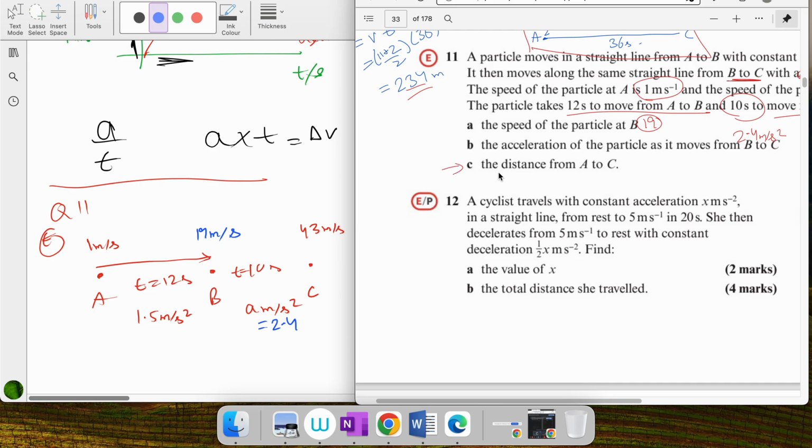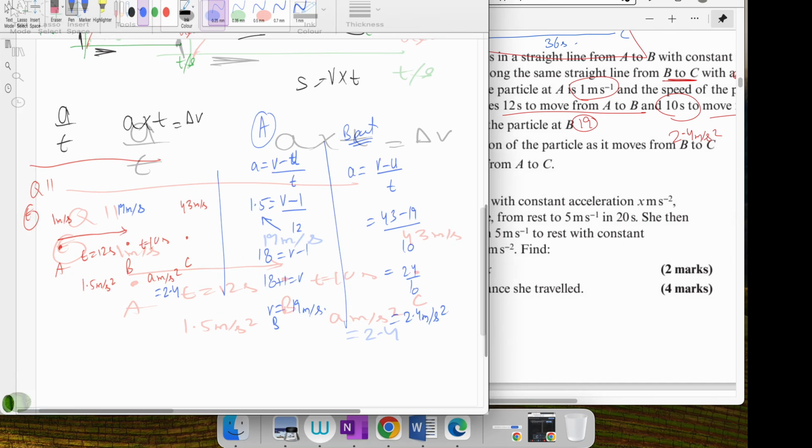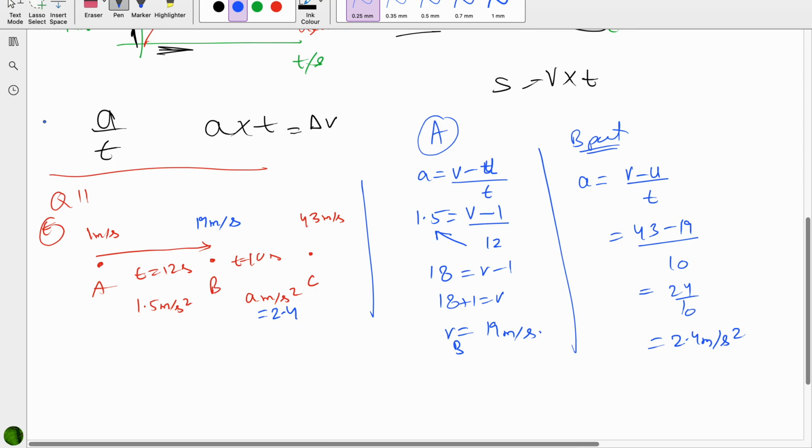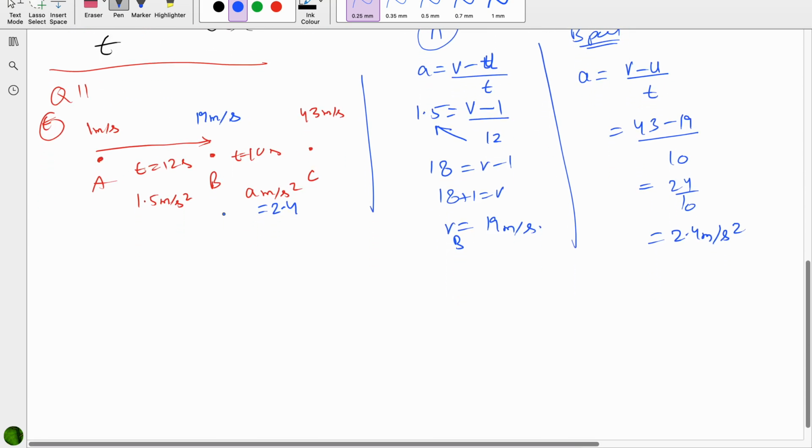C part says the distance from A to C. We'll solve this in two different sections because the rate is different. Distance is equal to velocity into time, and because it is accelerating, we'll be using average velocity. So that is initial plus final by 2 into time taken 12.